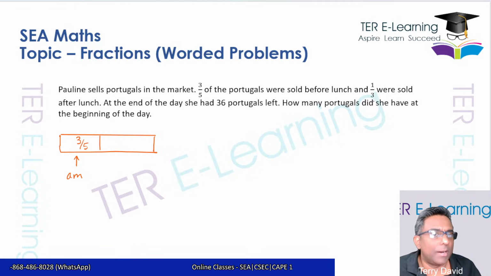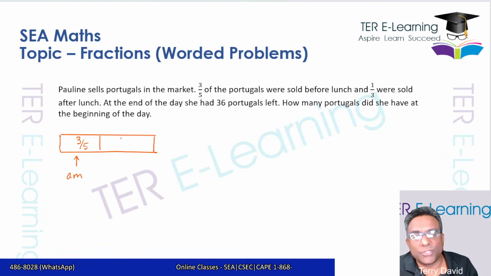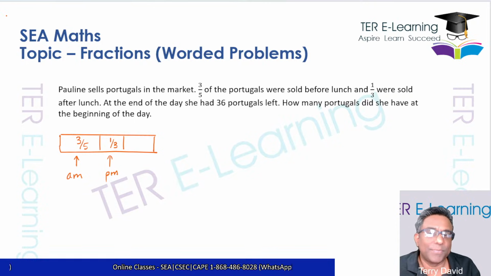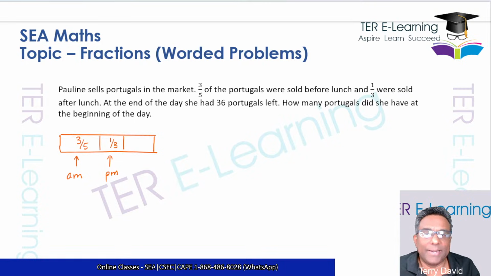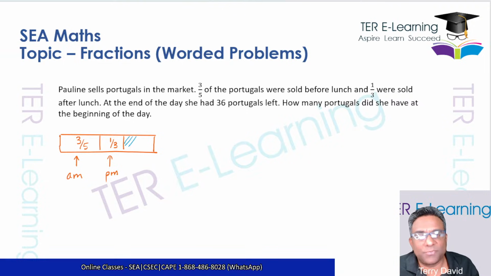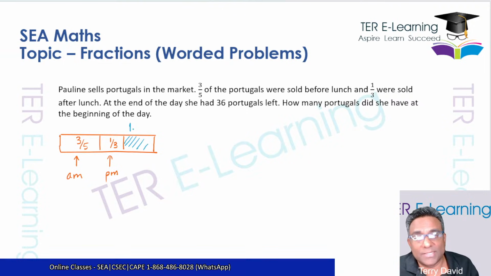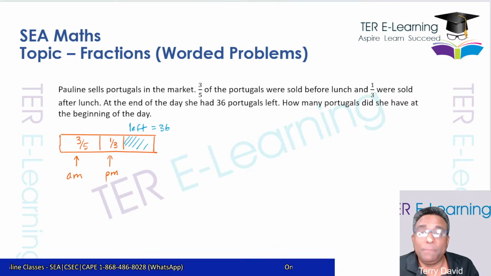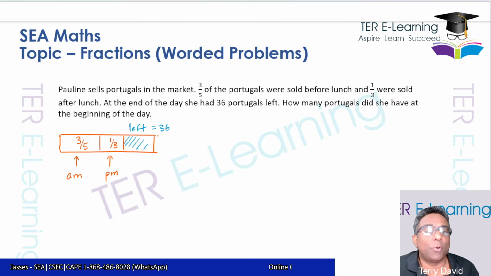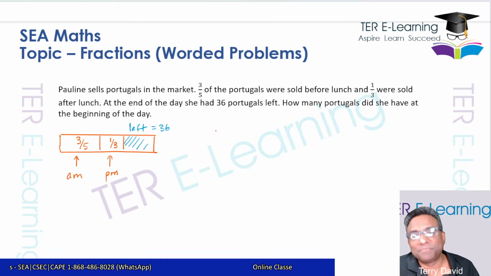And 1/3 was sold after lunch, so that's in the afternoon, let's call that PM. And this fraction here represents what is left. But what is left here is actually 36 Portugals. So we want to figure out how many Portugals she had at the beginning of the day.